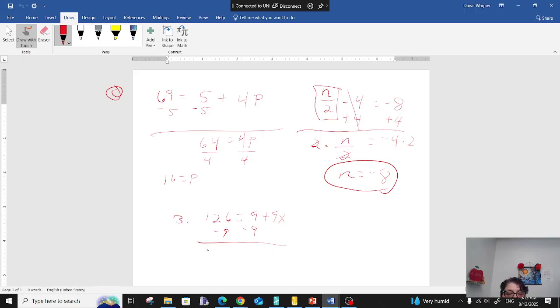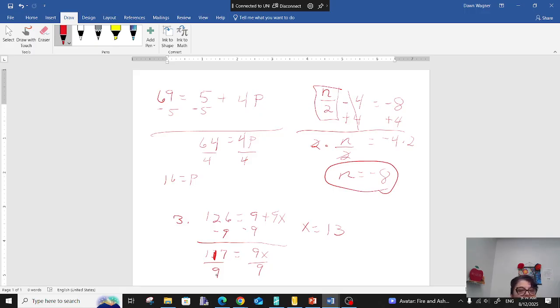This would be what, 137? Is that right? No, 117. Sorry. 117 is equal to 9x. And then you divide by 9. What did we get? 13? All right. Okay. Does that make sense to everybody so far?